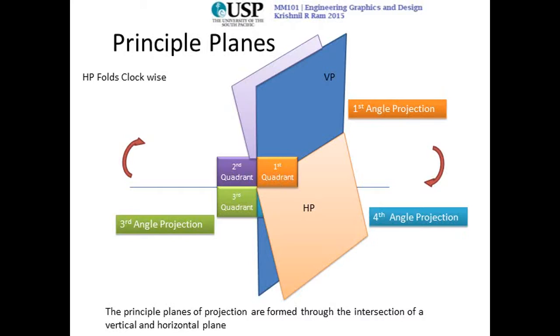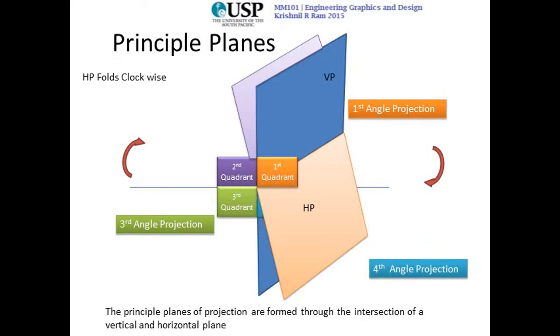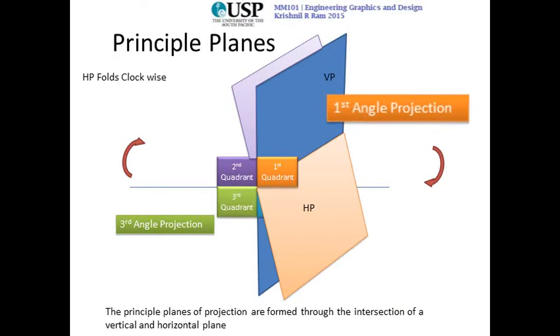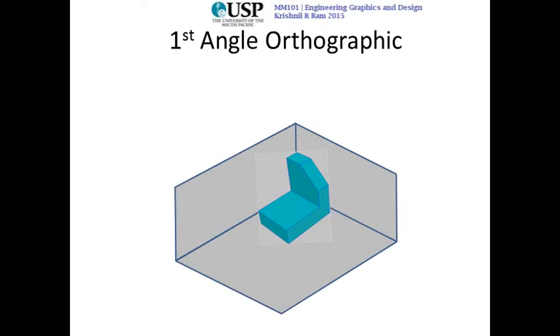So there will be views on the projections, but the views will collapse on themselves. So the horizontal and the vertical planes will basically fold onto each other, and you won't be able to see any projections. The only places where you'll be able to see any projections are the first angle projection and the third angle projection. Let's move on.